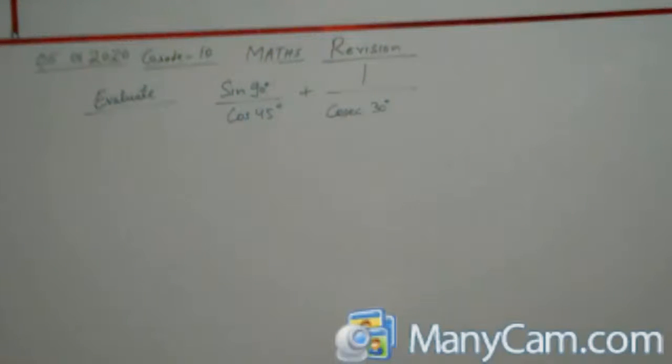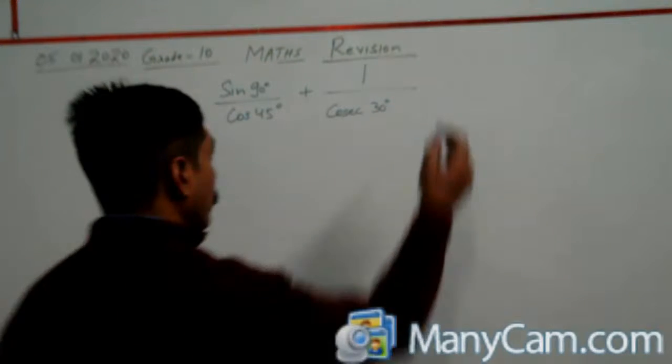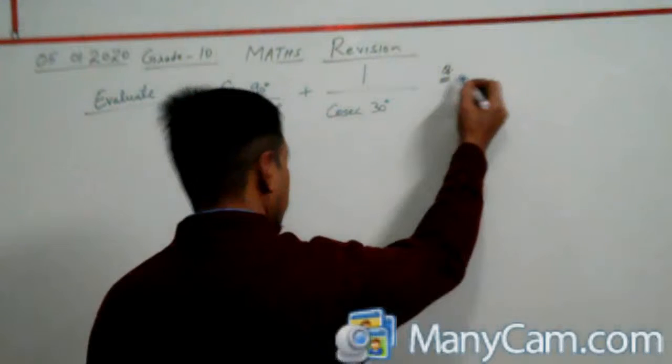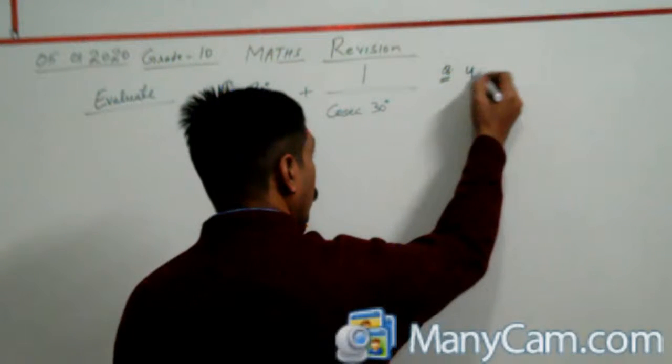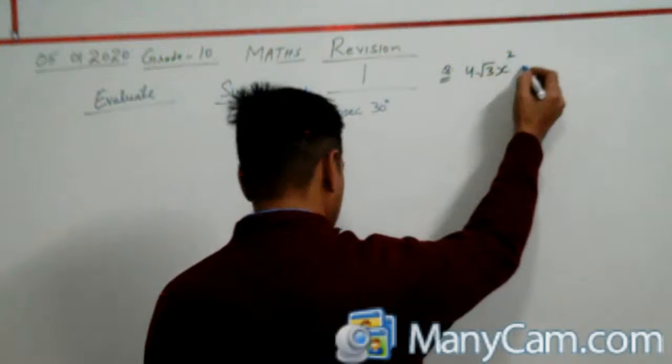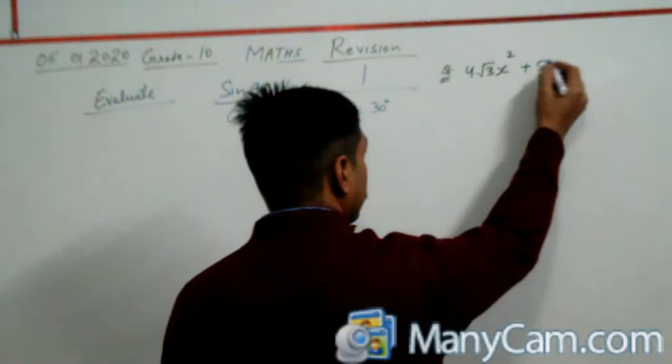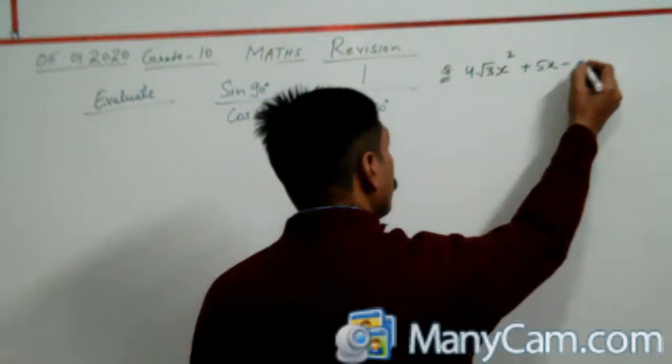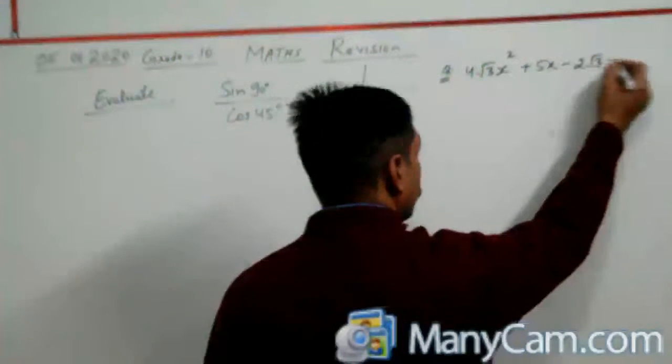Solve the following quadratic equation for x. The quadratic equation is 4 under root 3 x square plus 5x minus 2 under root 3 is equal to 0. Solve for x.